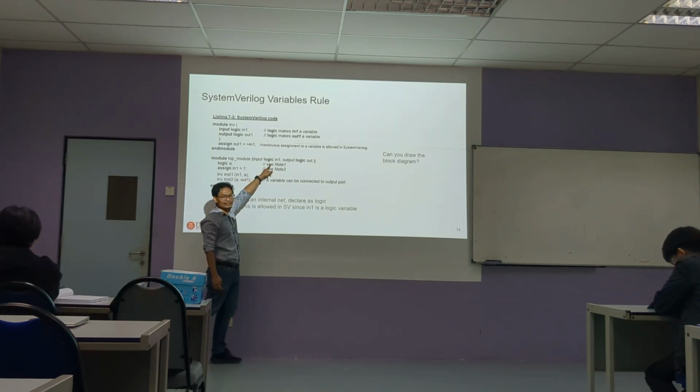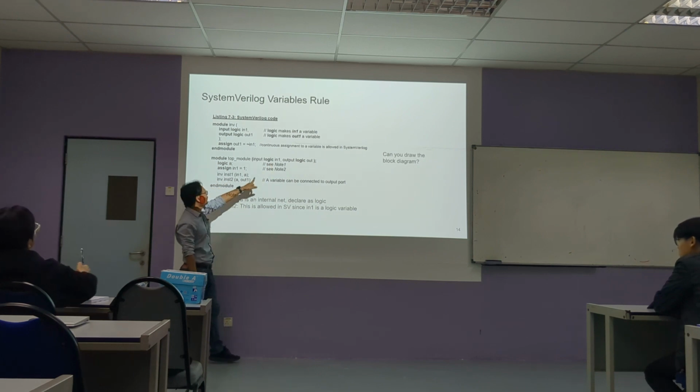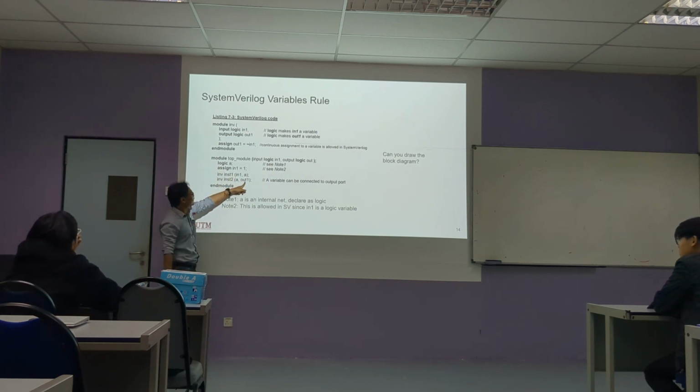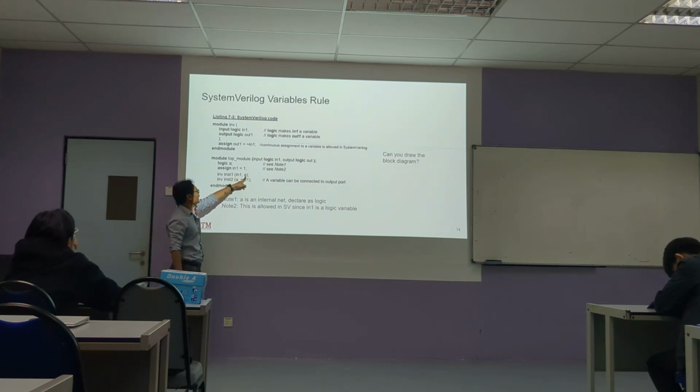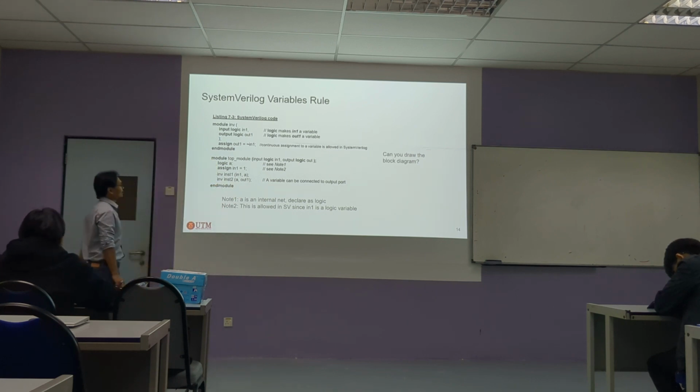Input can also be logic. Output logic out, so also okay. And then we have two inverters, and in1 is connected to the one above. Then back to the logic gate, which is the internal signal of the top module, and then we have the second inverter.